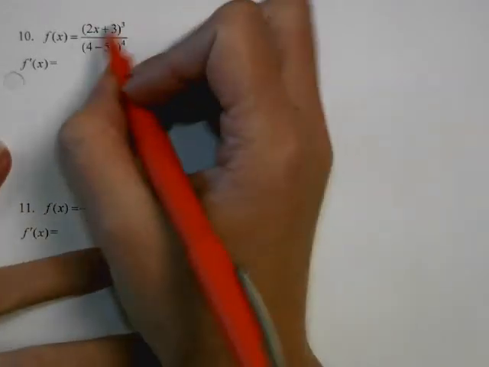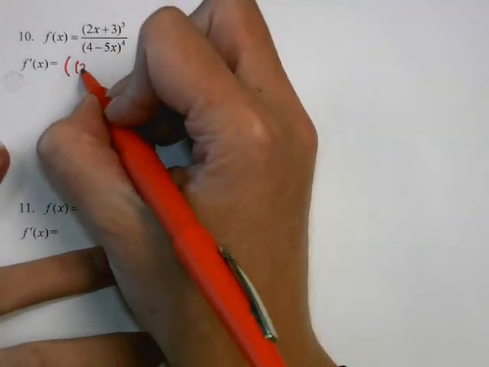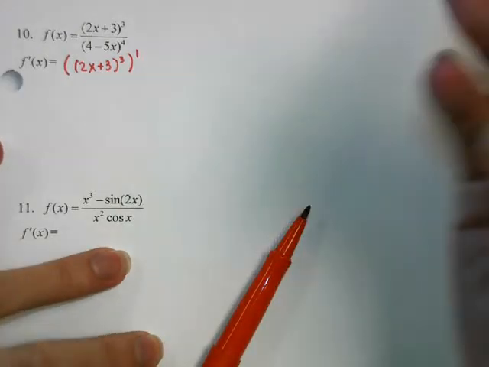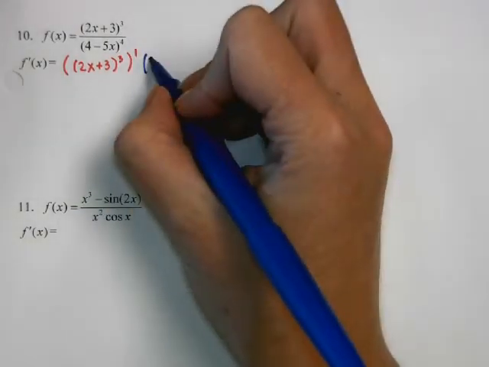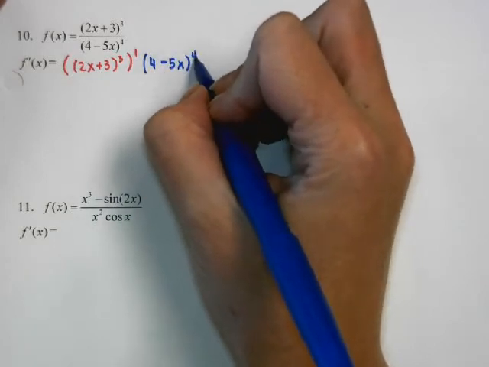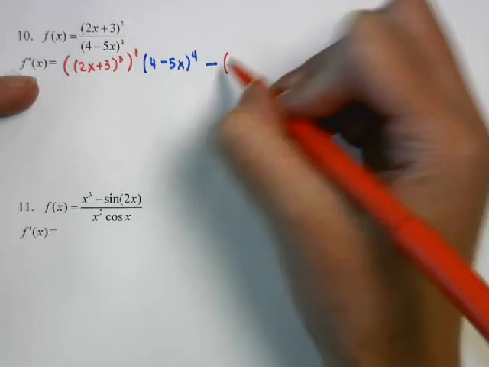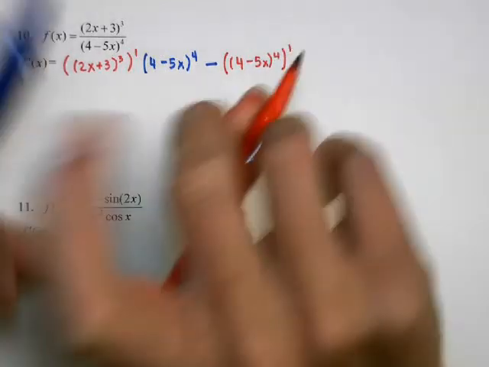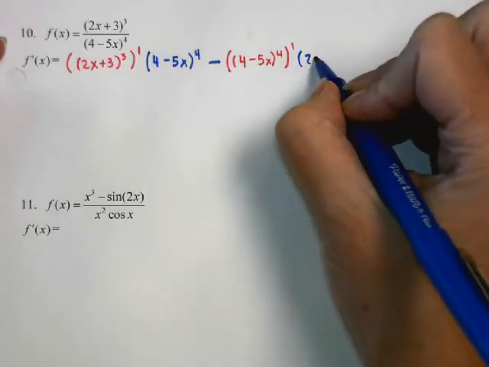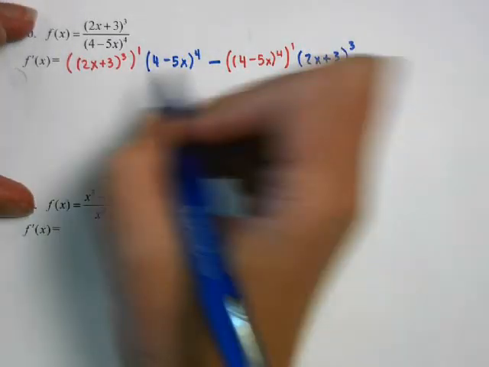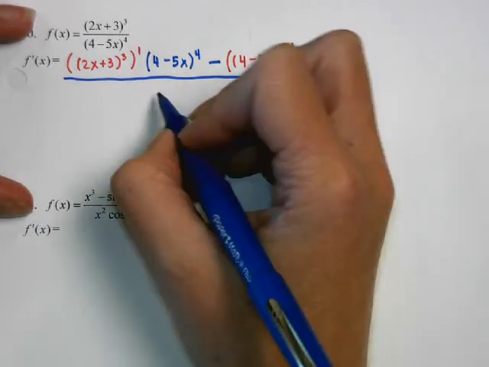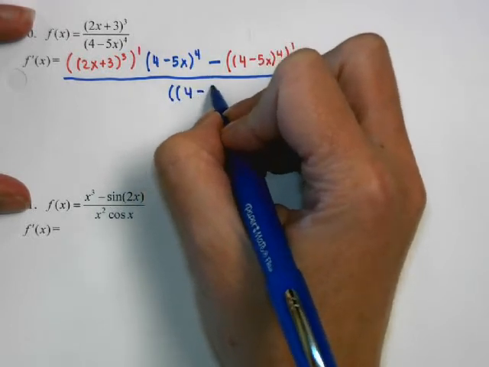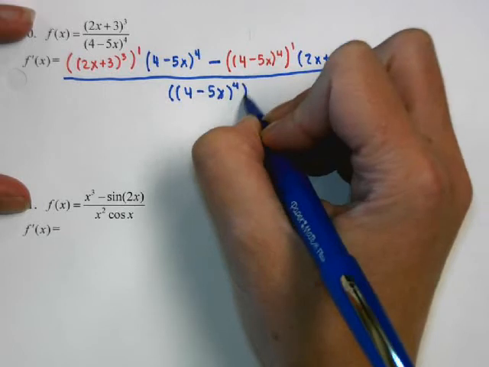Okay, so here we're going to have (2x plus 3) cubed prime times the denominator minus the derivative of the bottom times the top all over the bottom squared.